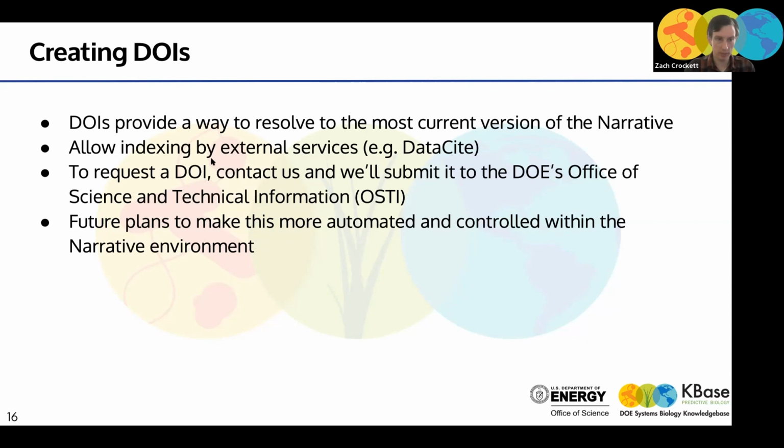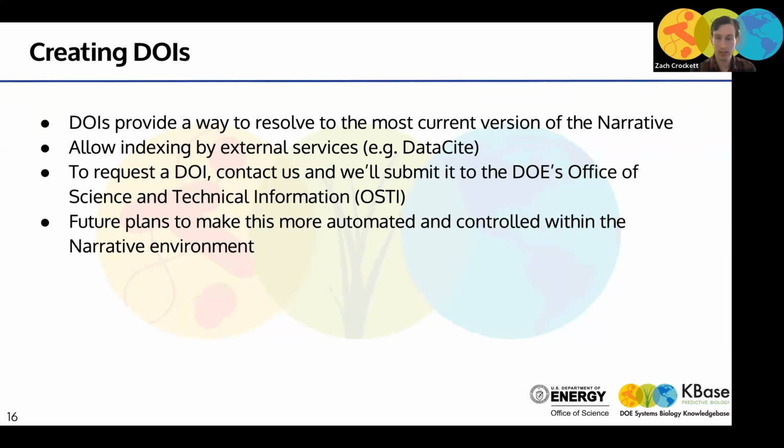And we're working on future development to make this process more automated and directly controllable by you as users within the narrative environment. But for now, it's pretty trivial for us to make changes. So one common case: if you create static narratives and DOIs, you'll most likely have those before your publication.